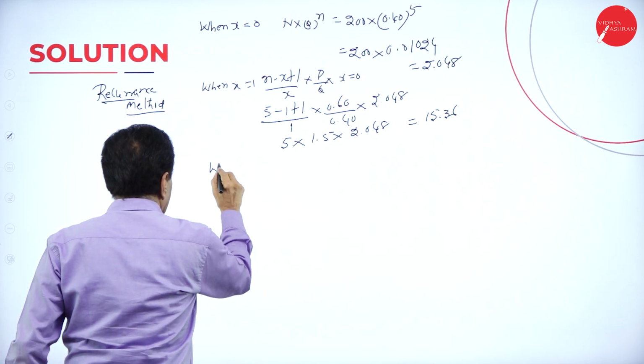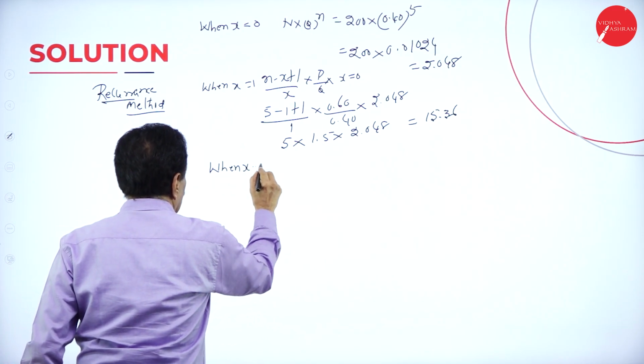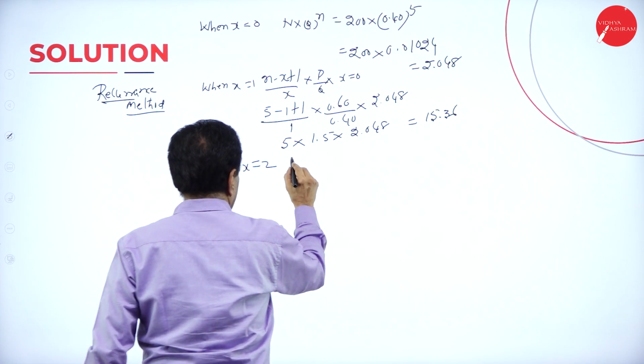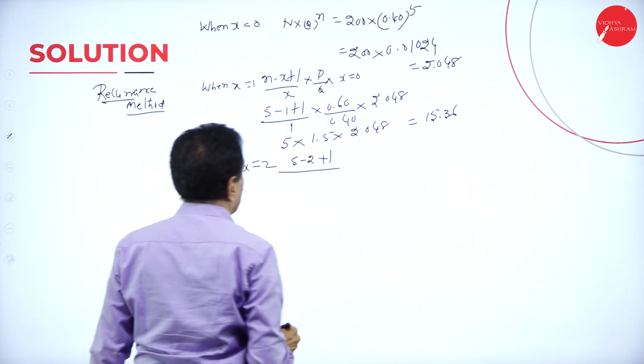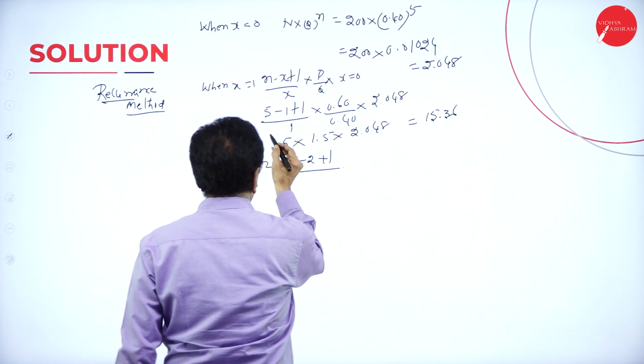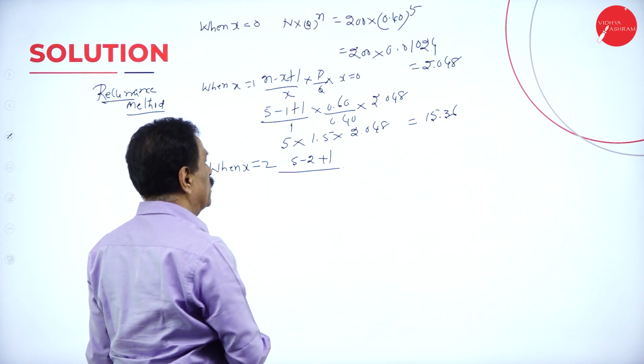When x is equal to 2: 5 minus 2 plus 1 divided by, what's your formula? N minus x plus 1 divided by x.